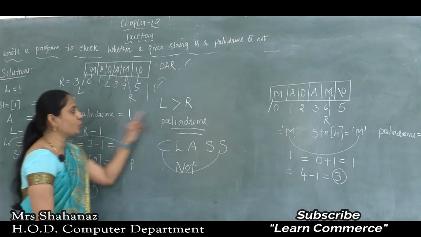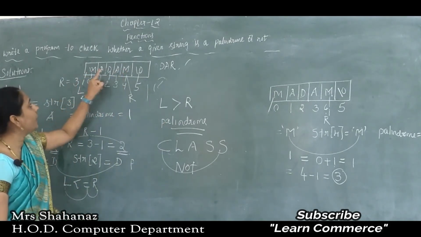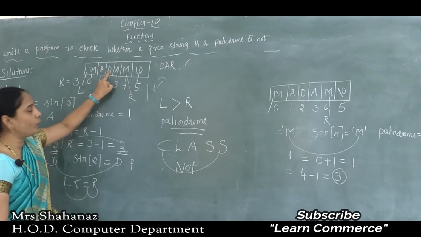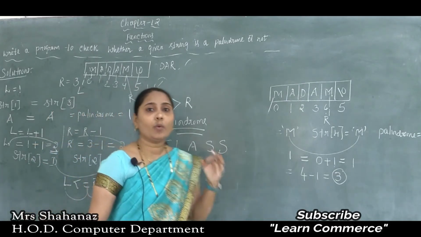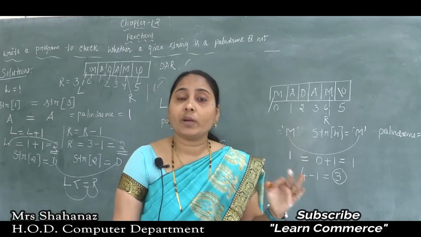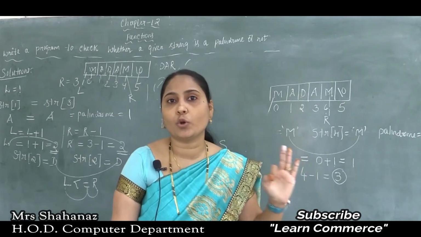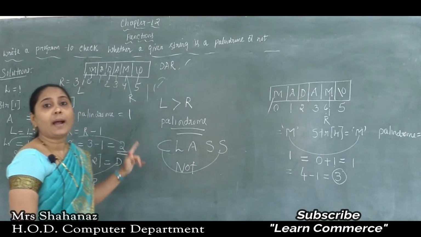But when you take madam, the first character matches with the last character, the second character matches with the second last character, and later both values are equal. So finally we can say that the string madam is the result of a palindrome word.